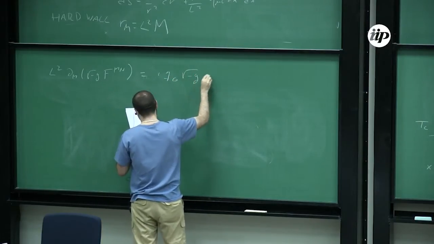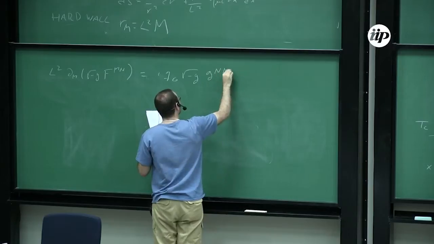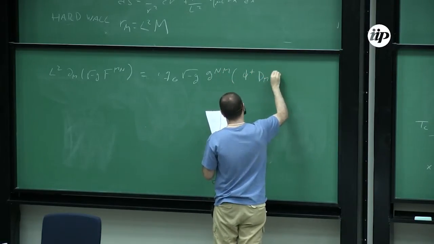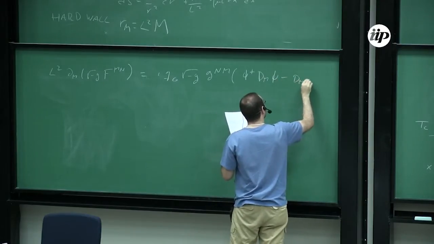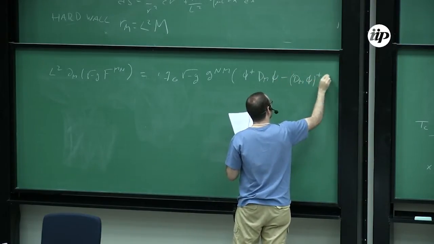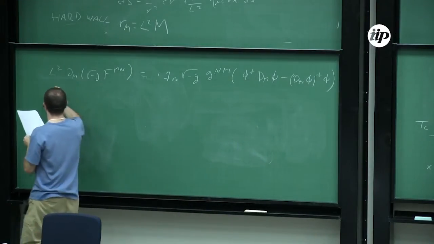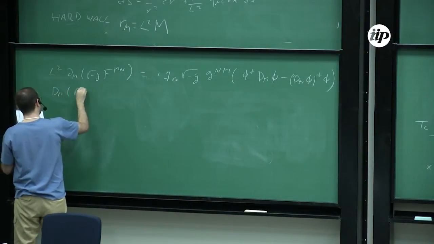So this is the equation of motion of the gauge field. And this is the equation of motion of the scalar.